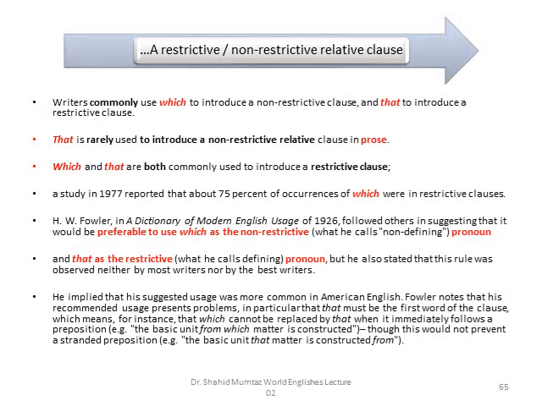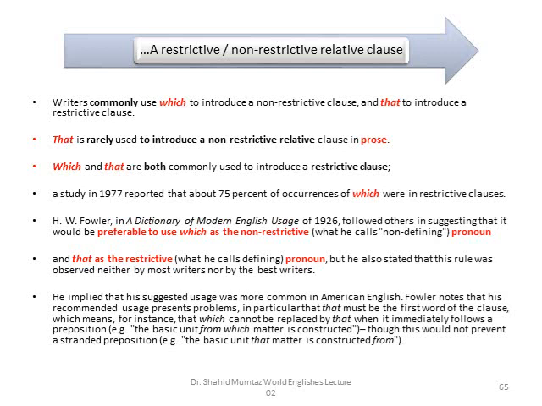Writers commonly use which to introduce a non-restrictive clause and that to introduce a restrictive clause. So here we see writers commonly, not always, use which for non-restrictive and that for restrictive.